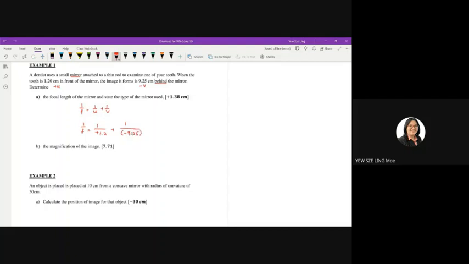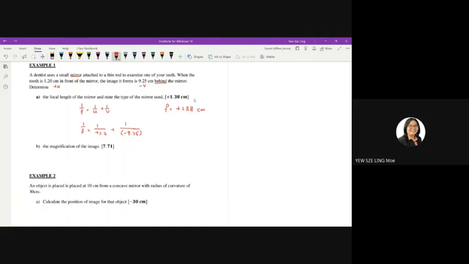Now, you can keep it in terms of cm, it's fine, but if you use cm, make sure all of them are in cm: your focal length, your object distance, and the image distance. If you use meters, then all of them must be in meters. After you rearrange the equation, you will get f equals positive 1.38 cm.